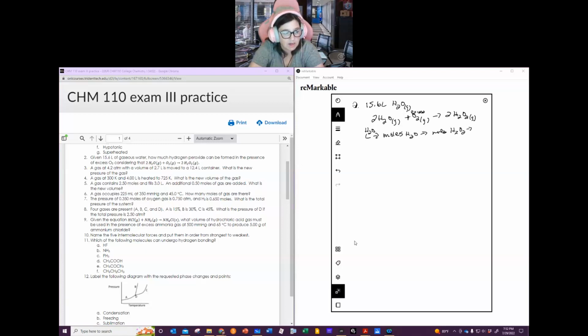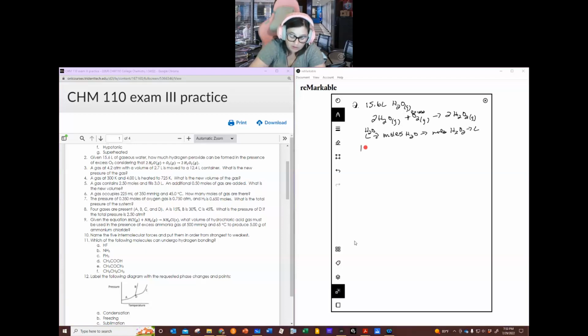Now, I don't have to say whether that's volume or number of moles, but that tends to be how I put this together. That way you can see the part. If you want to stop somewhere, you can stop there. And one of the things that we have to remember is that the molar volume of a gas is 22.4.